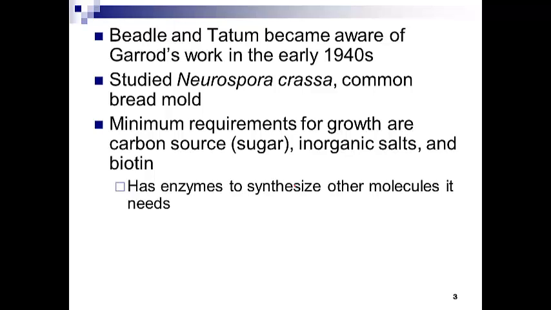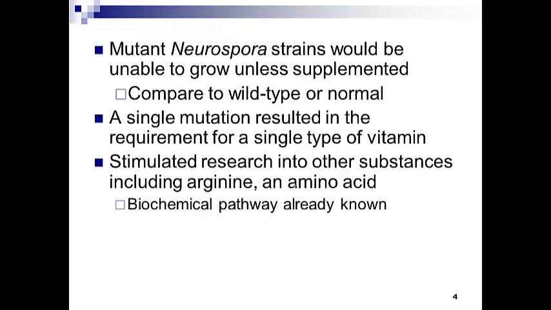And it turns out that these molds have enzymes to synthesize everything else they can need. So the minimum growth requirements, here's what I need to feed this mold: a carbon source in the form of sugar, inorganic salts, and biotin. All the other requirements, proteins, fats, other cofactors, all of that is produced by the enzymes contained within that mold.